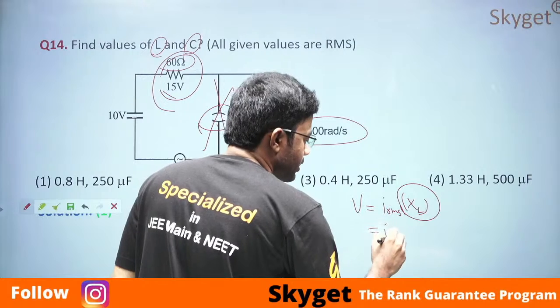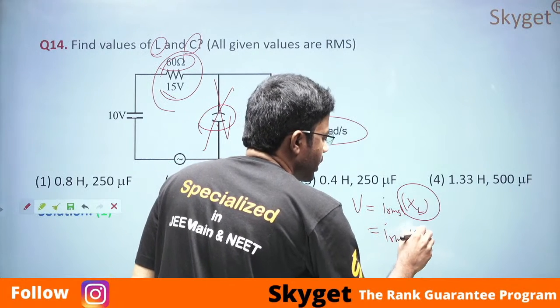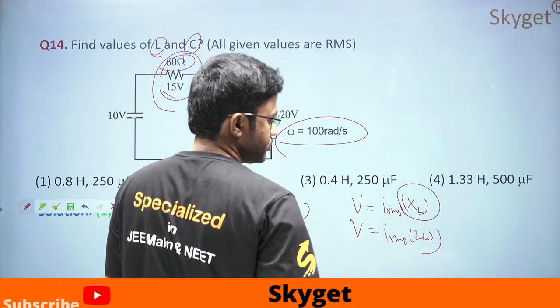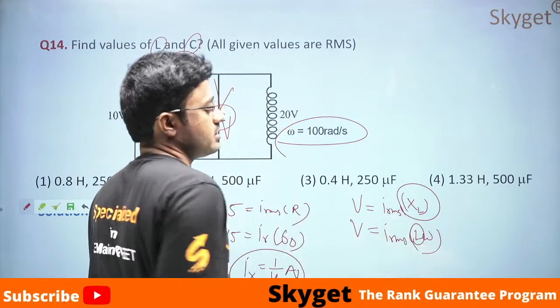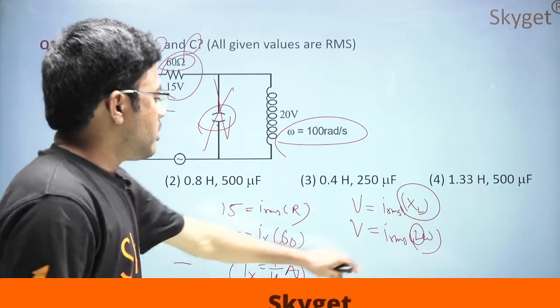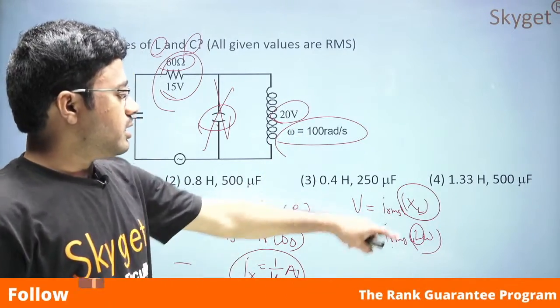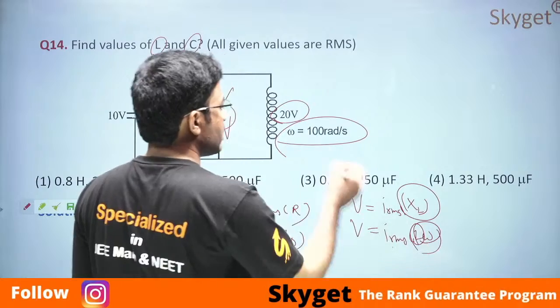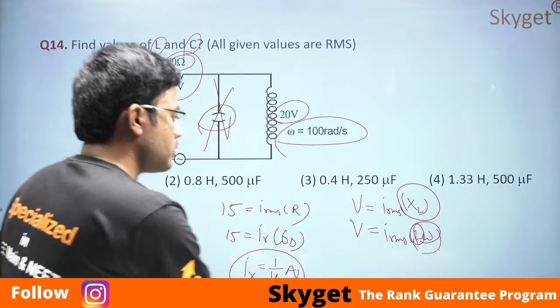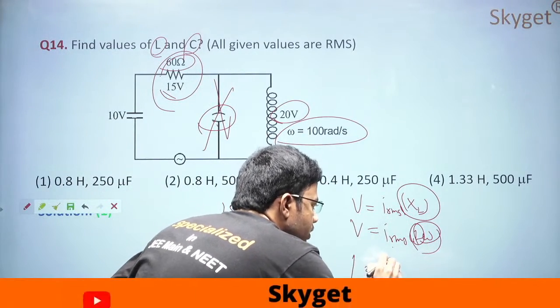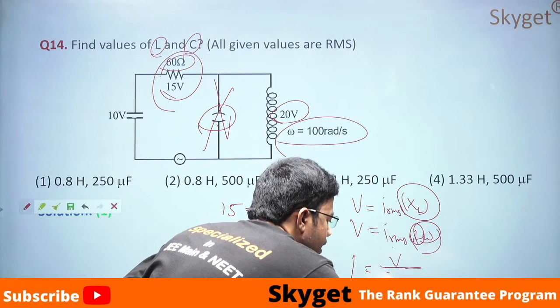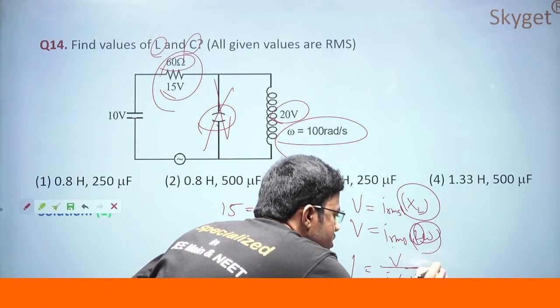So here XL is, as you know, L into omega. So you have to find this value of inductance L. You have the value of IRMS, and he has given the voltage across the inductance, that is 20, and he has given the value of the angular frequency omega, that is 100. So you can write L is equal to V by IRMS into angular frequency omega.